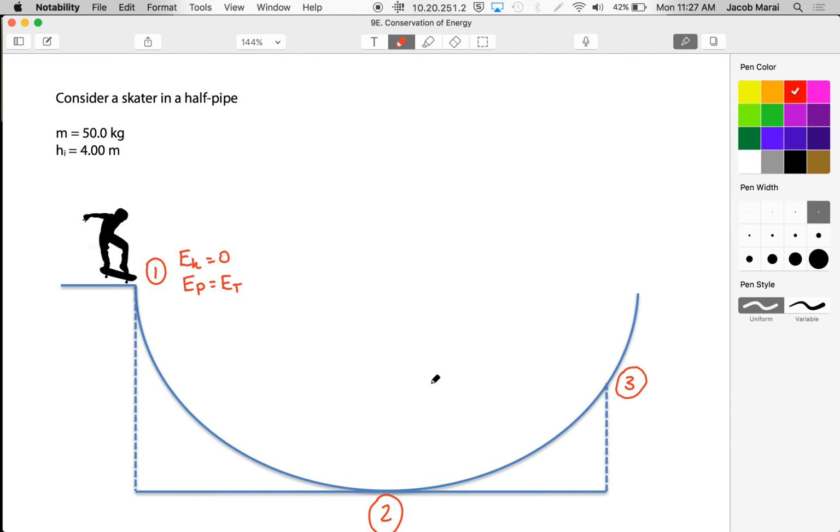Gentlemen, at the top, let's figure out what the total energy is. So we're going to say that your total energy is EP plus EK plus EF.